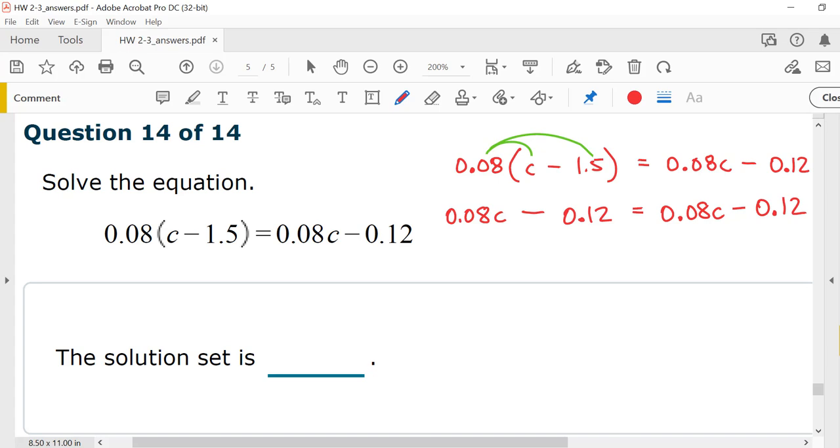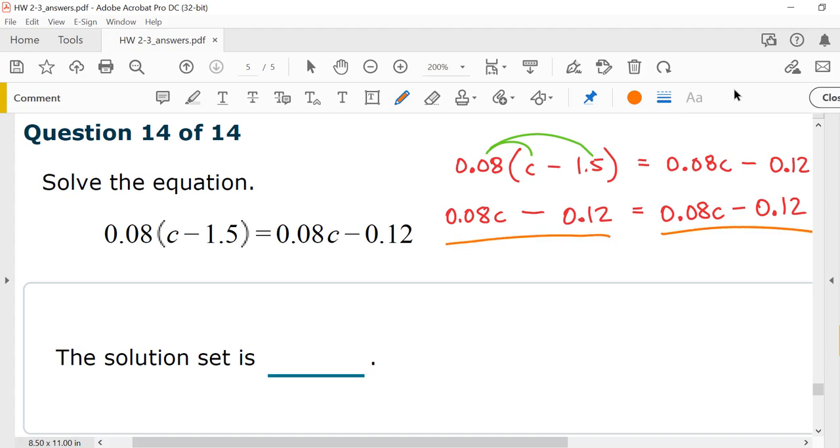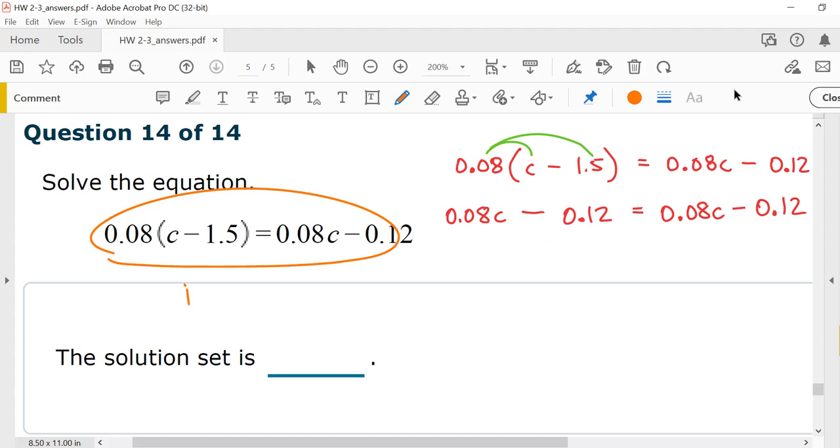Uh-oh. All right, actually, I should say, oh, yay. What happens? I have the same thing on both sides. So this is an identity. I don't need to go any farther. I know that everything would cancel and I would be left with 0 equals 0. So the solution is all real numbers.